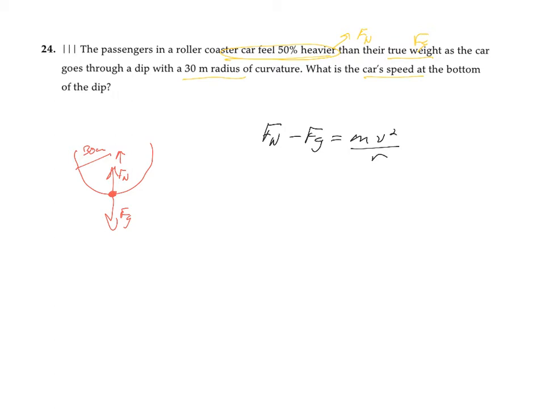My force normal is heavier than my true weight. So this is really 1.5 times force gravity, because they said this one's bigger than force gravity, minus force gravity equals mv squared over r.